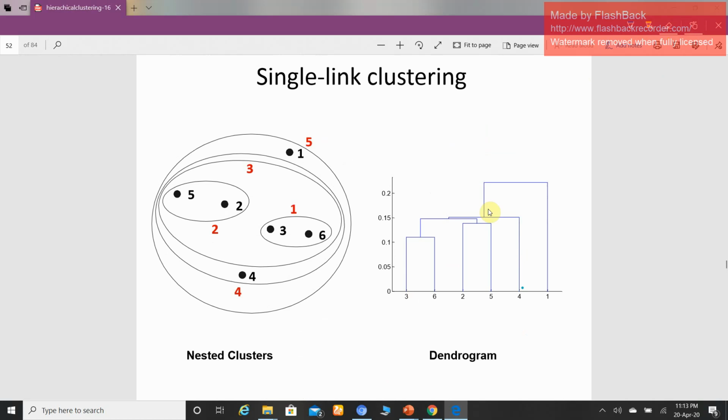For this particular dendrogram, we are preparing the nested clusters. See, for this dendrogram, this is one cluster: 3, 6 are in the first cluster. Next, 2, 5 are in another cluster. This is the second cluster.